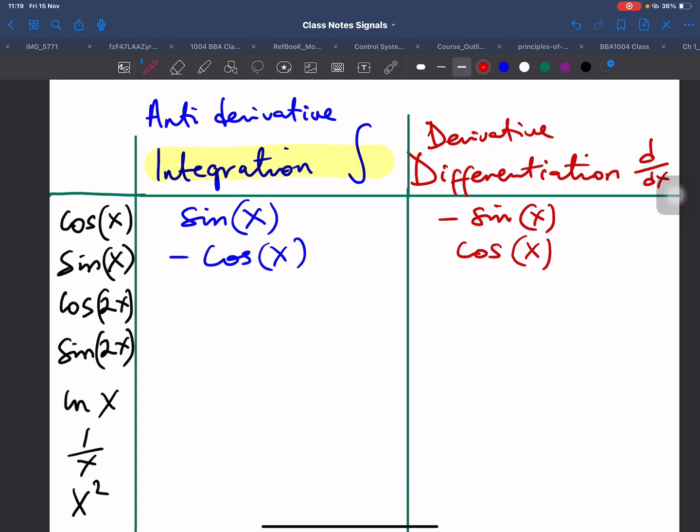Then we have cos 2x. If you integrate cos 2x, you get sine 2x over 2. If you differentiate cos 2x, you get minus 2 sine 2x.